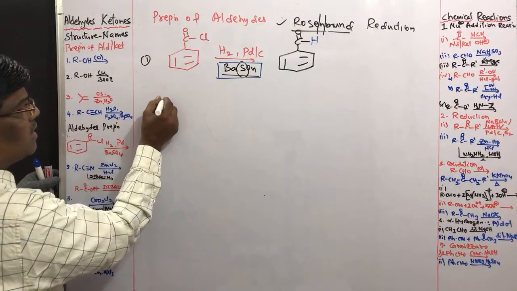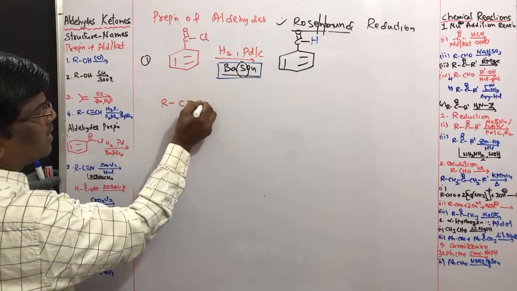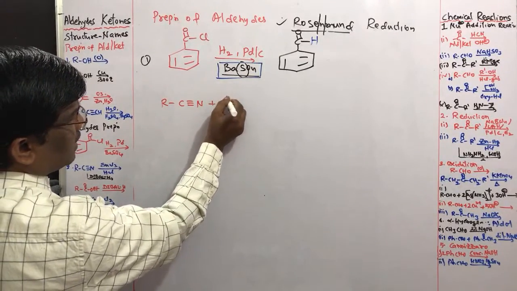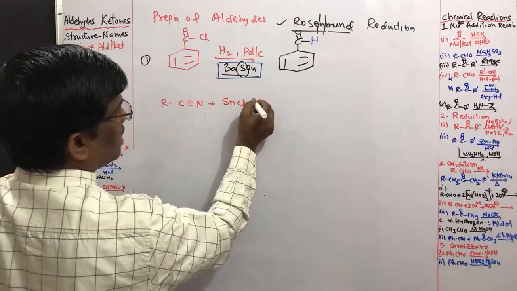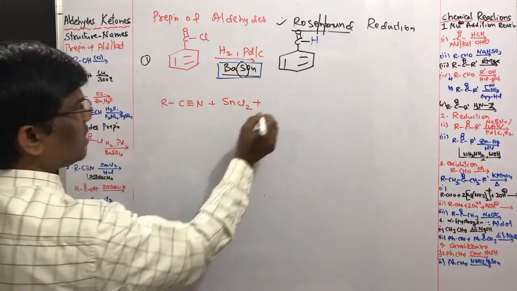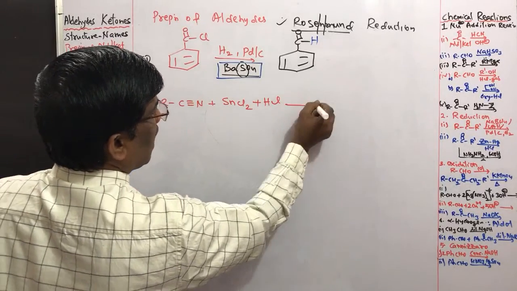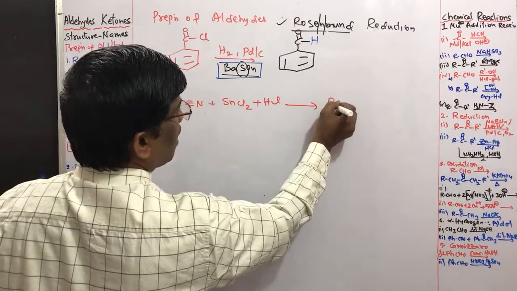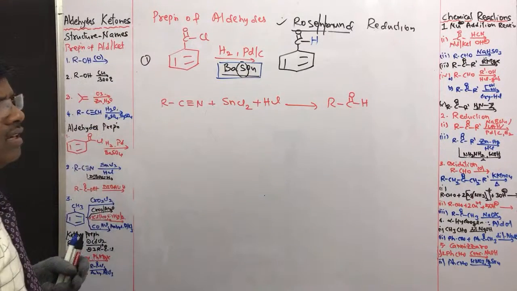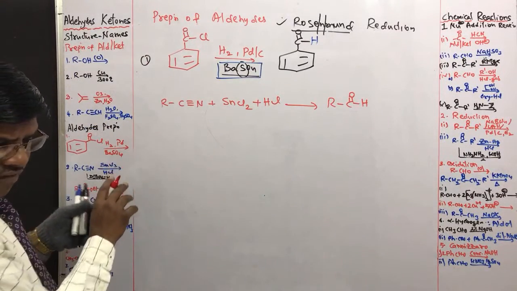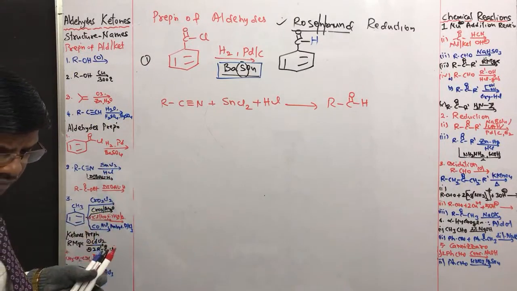Let us take nitrile, and when I treat it with stannous chloride, tin dichloride, SnCl2 in presence of HCl, I am going to get aldehyde. Yes students, so let us take one example and see.